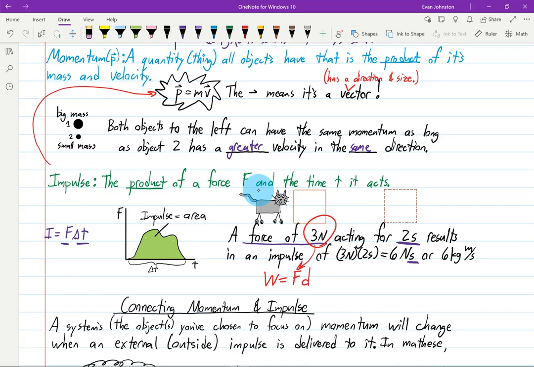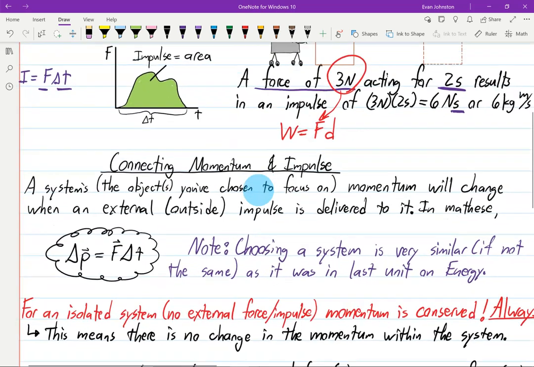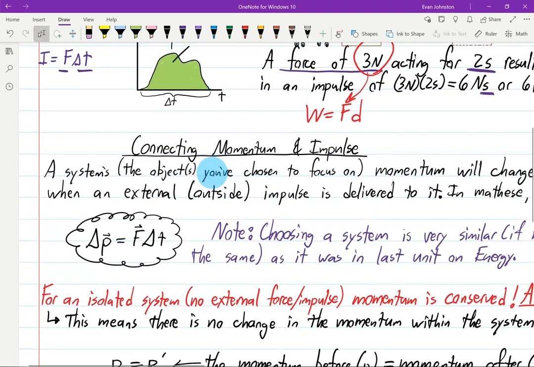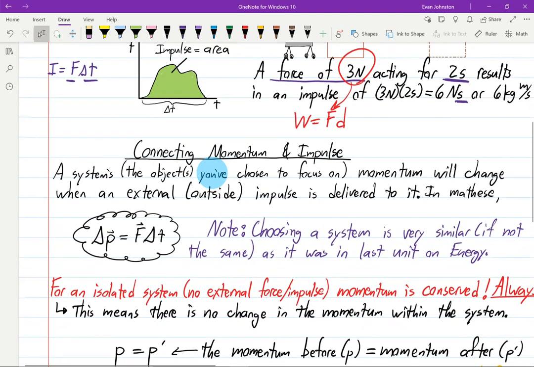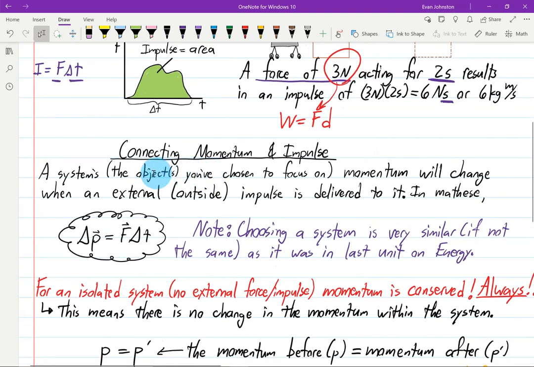And this actually is looking at what we did a couple units ago in a different way. So here's the way that I like to connect the two, or the way that I would say it. I would say that a system, whatever you're choosing to focus on, a system's momentum will change when an external, that means outside, impulse is delivered to it.